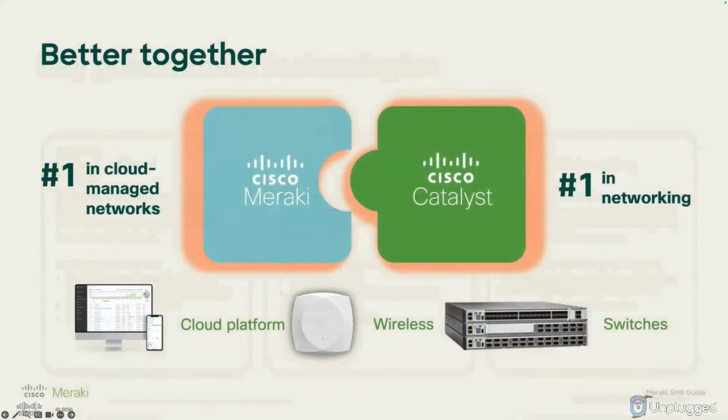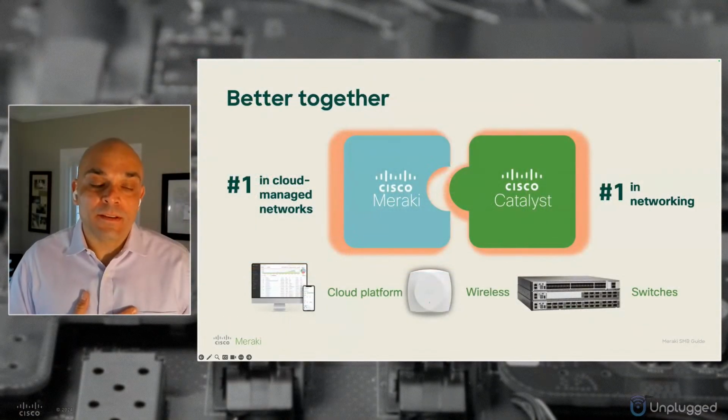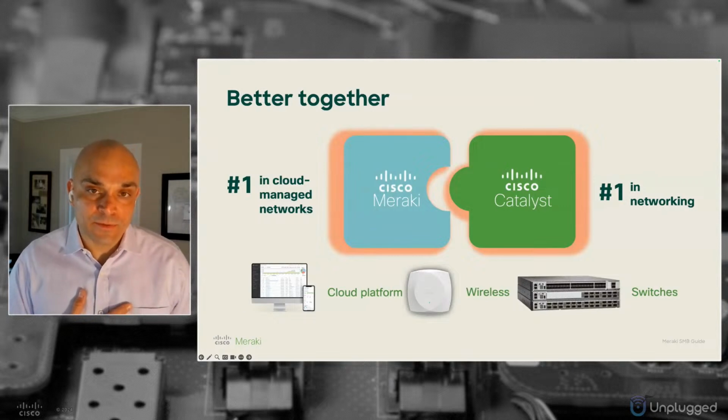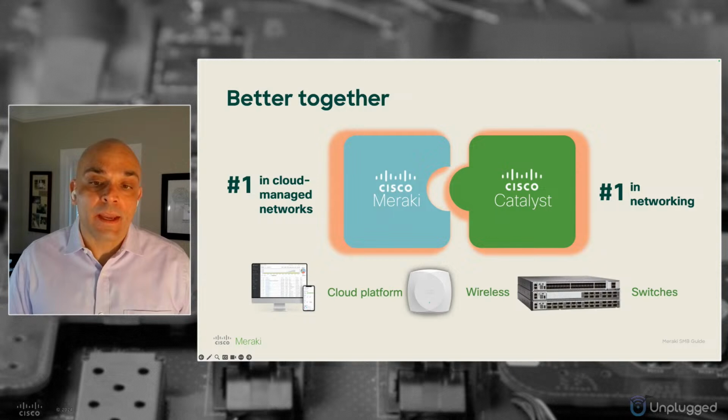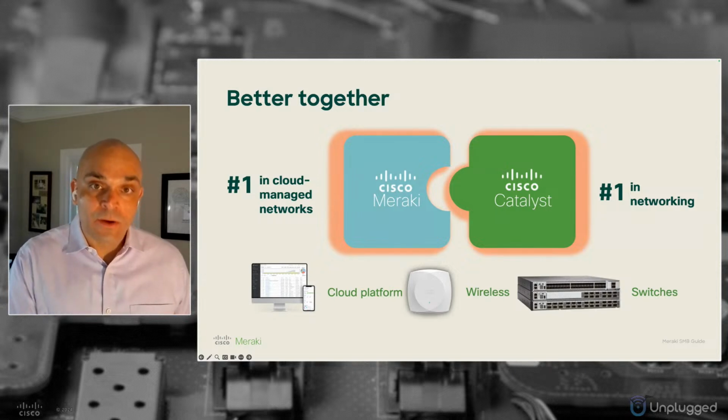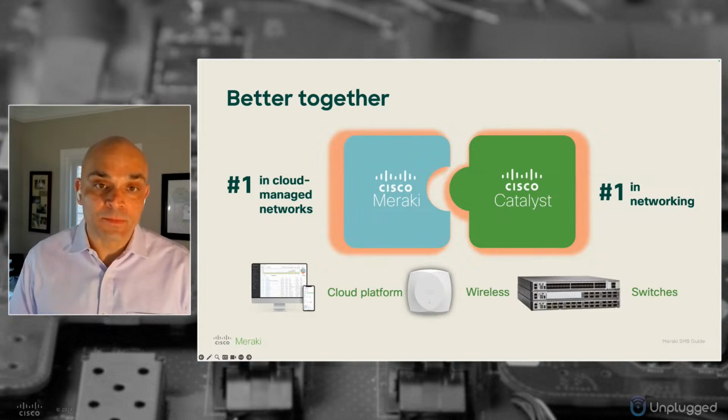The other big one from a Cisco perspective is that for the last few years we've been on this journey where we're combining our Catalyst and our Meraki hardware portfolio, and being able to manage that either on premise or in the Meraki Cloud, right?